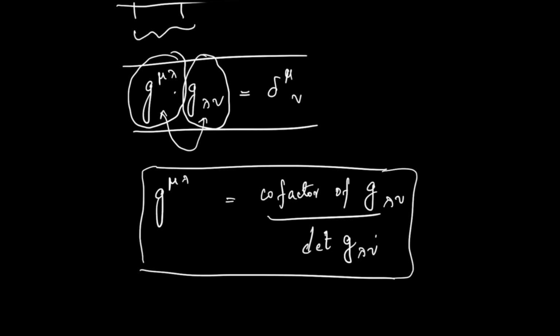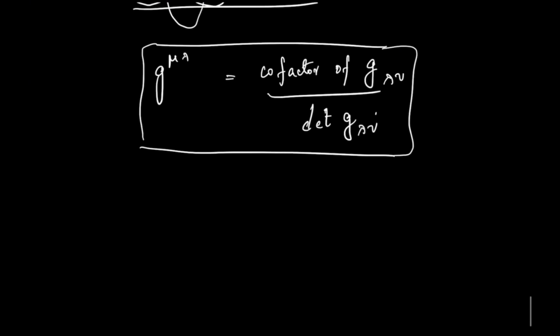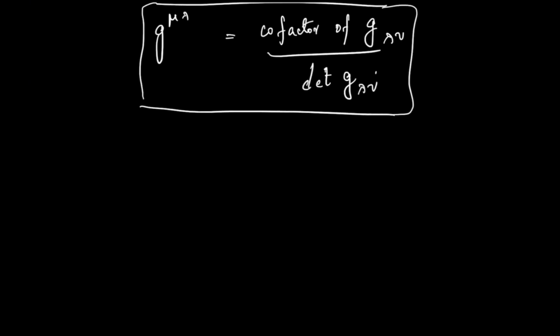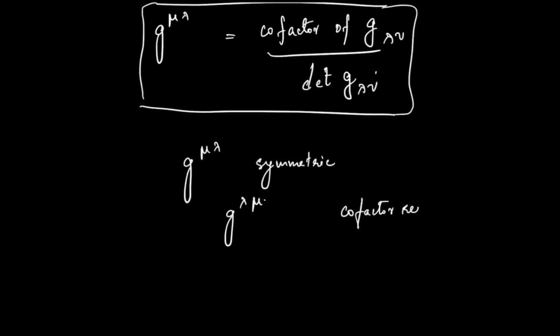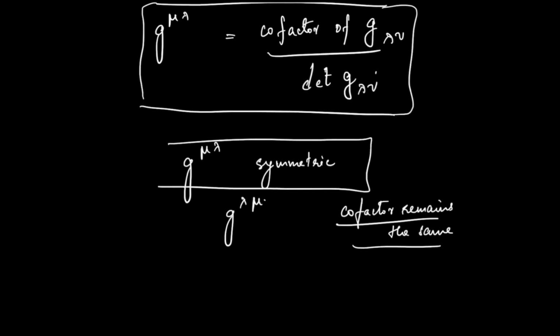In such a case, we can see that the tensor G mu lambda should be symmetric. Why symmetric? Even if I interchange the indices G mu lambda and G lambda mu, the cofactor remains the same. Therefore, if G mu lambda is symmetric, then G lambda nu should also be symmetric.